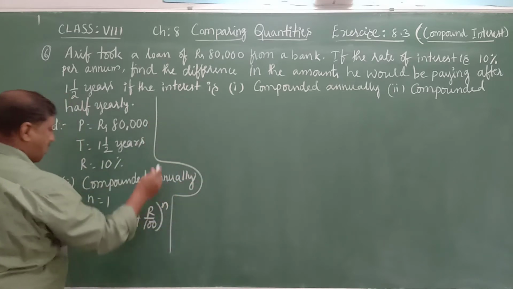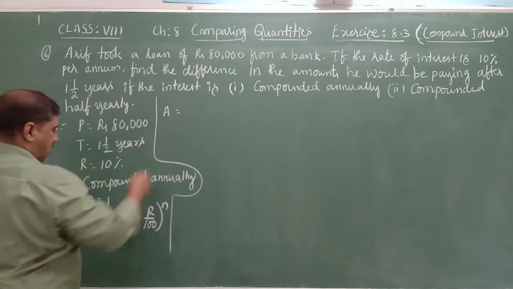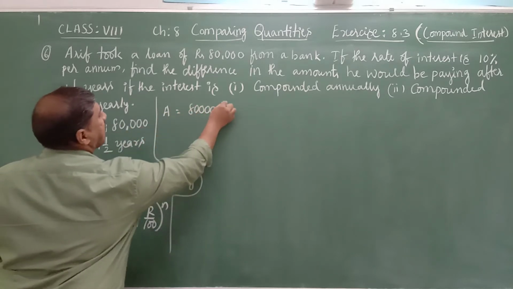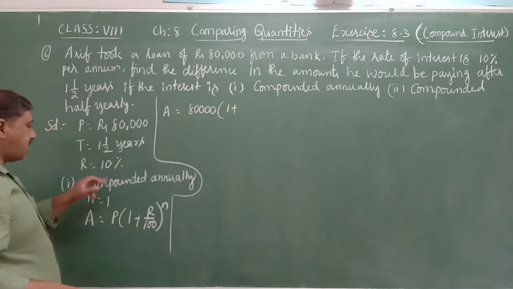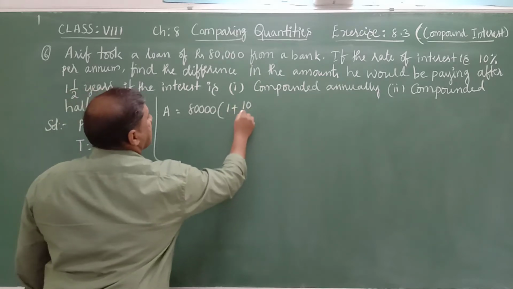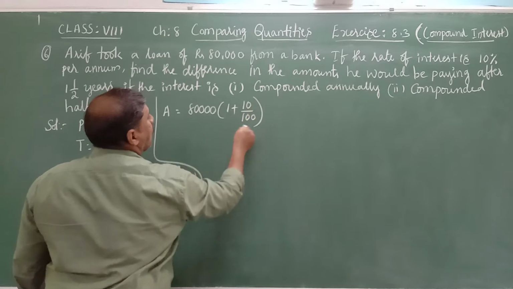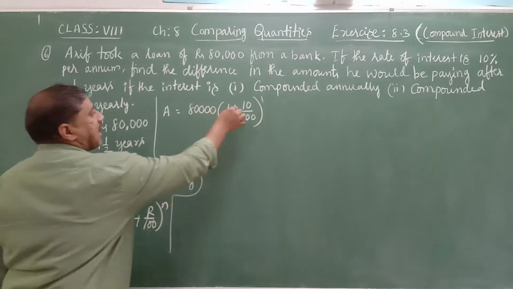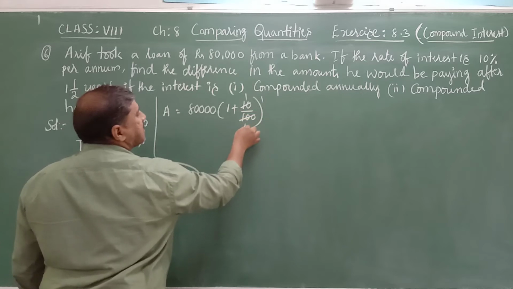Now see here, A is equal to P, that is 80,000, into (1 plus R, which is 10%, divided by 100) whole to the power of n, which is 1 year. Now 10 ones are 10, 10 tens are 100.